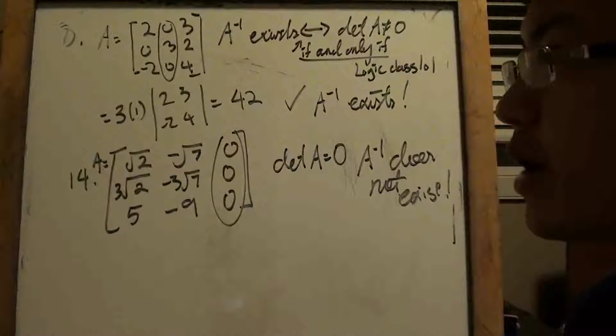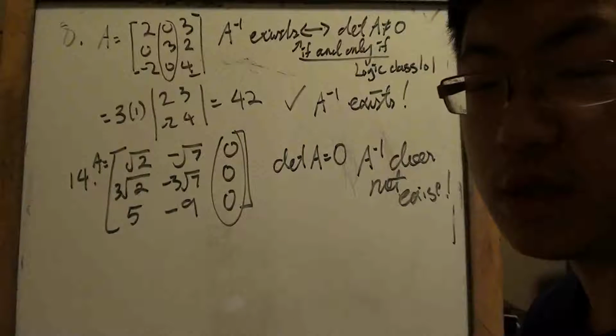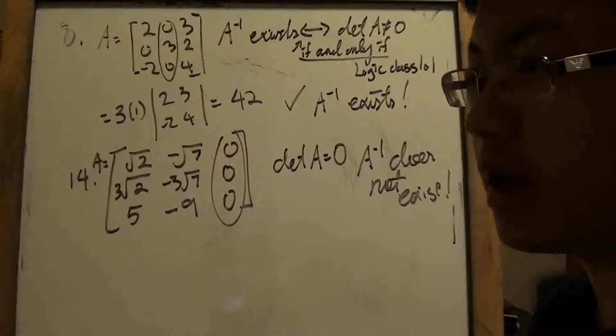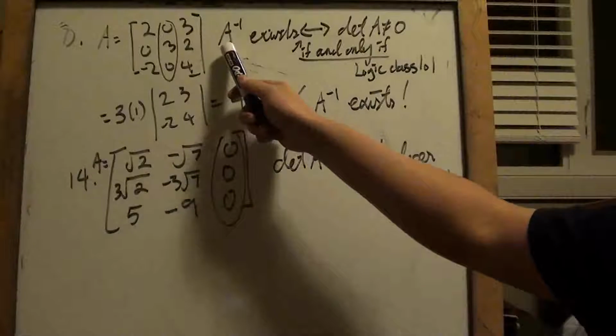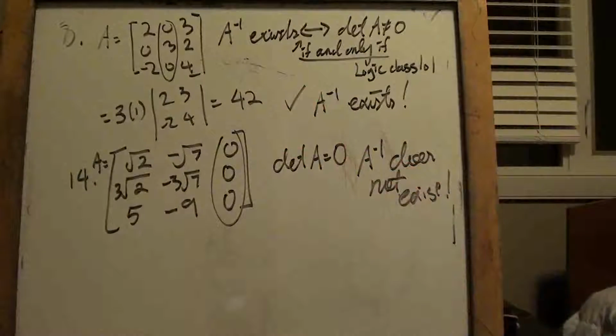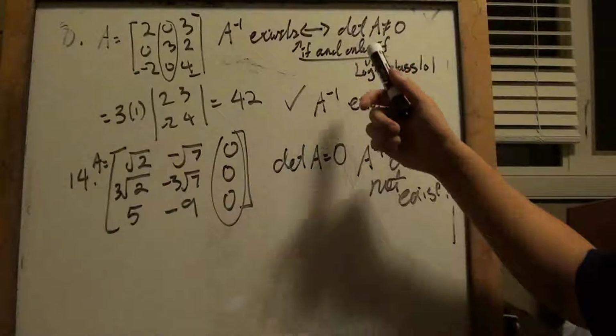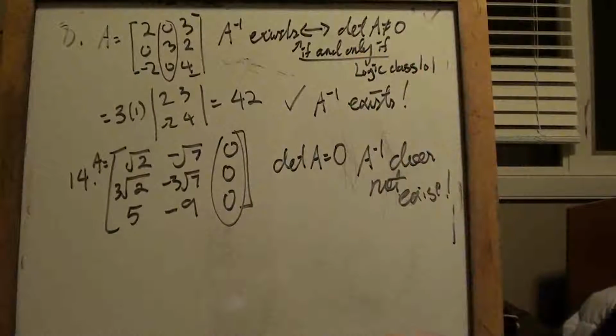Again, this is nothing groundbreaking. All we're doing here is checking whether matrices are invertible. The only rule you need to remember, and we should know this from our earlier section, is that the inverse of A exists if and only if its determinant does not equal 0.